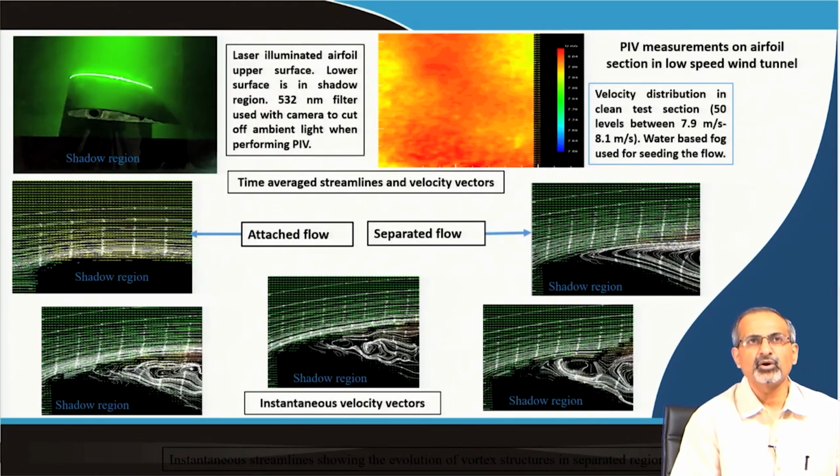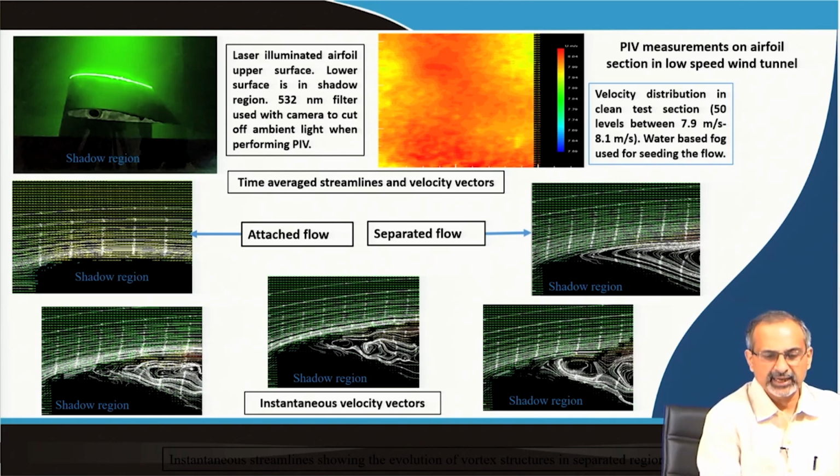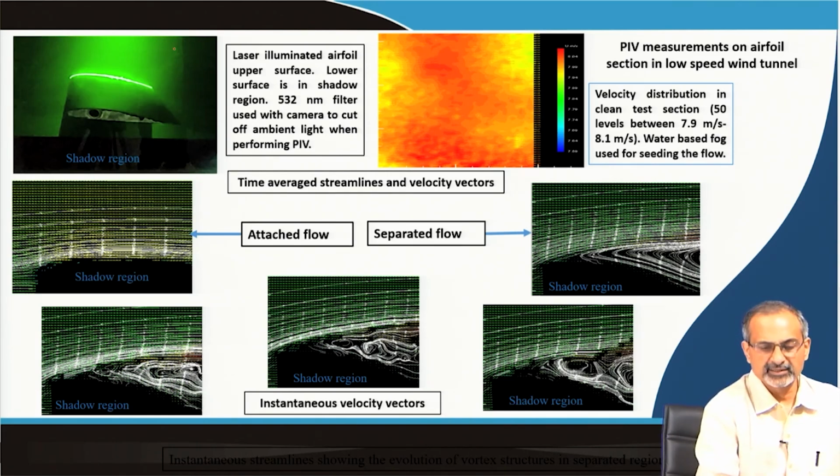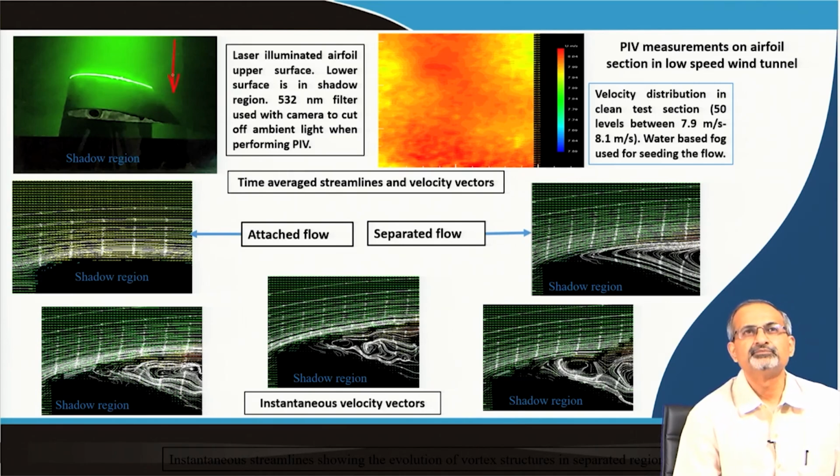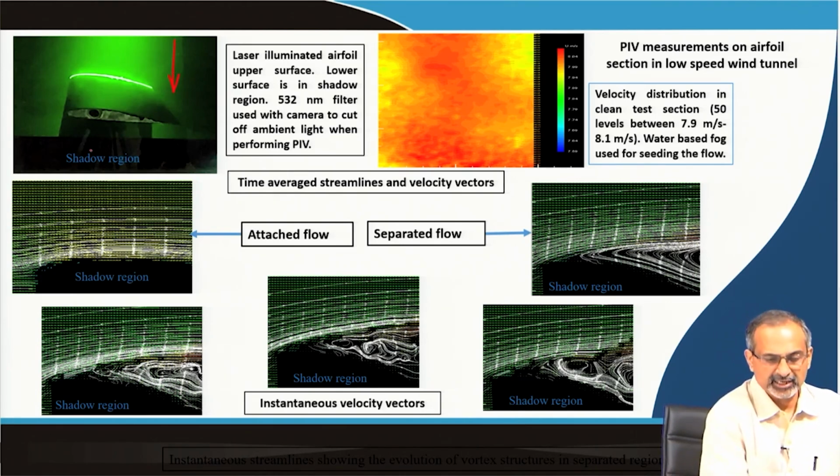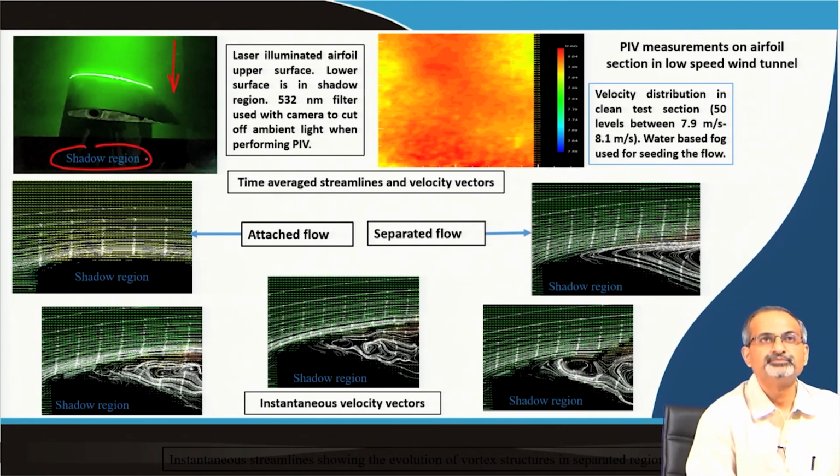A little bit more on that airfoil experiment. Here you can see the airfoil once again, and you can see the laser light sheet falling from top, and since the airfoil section is opaque to the laser light sheet, there is a shadow region formed below.